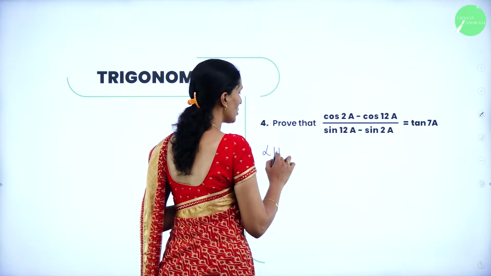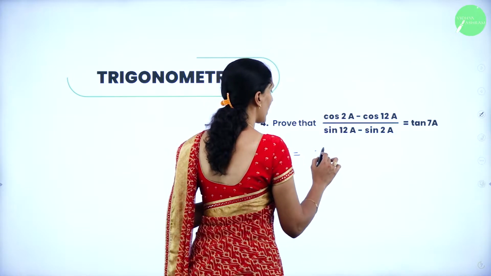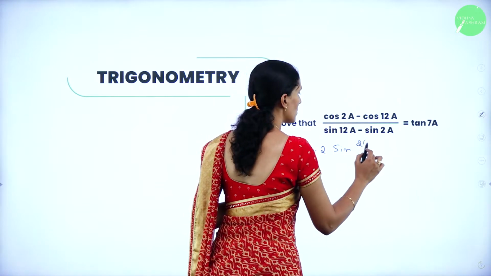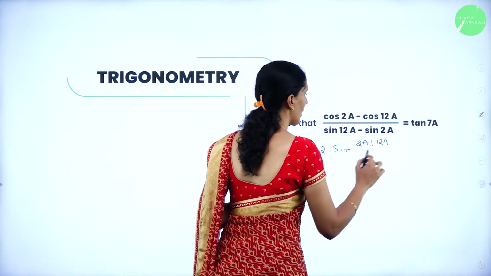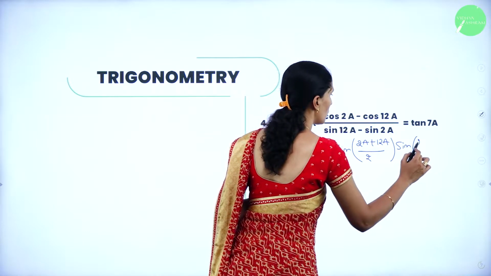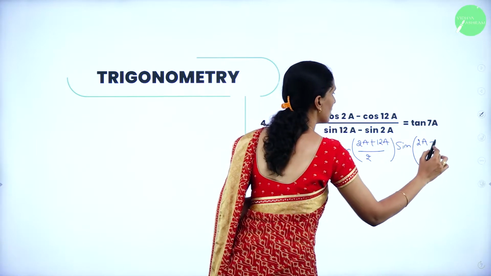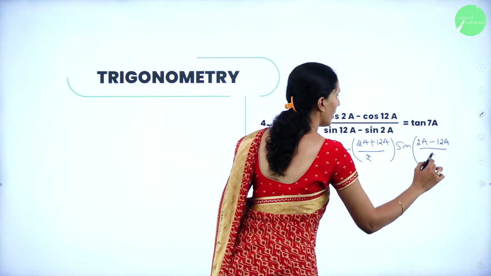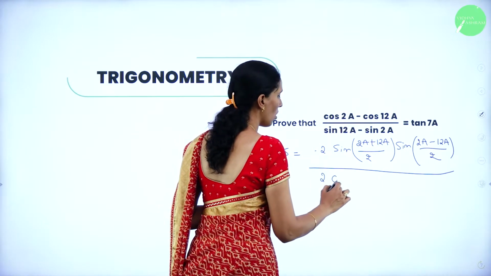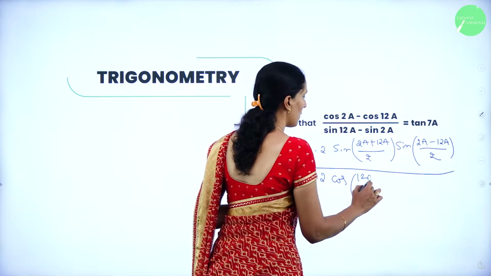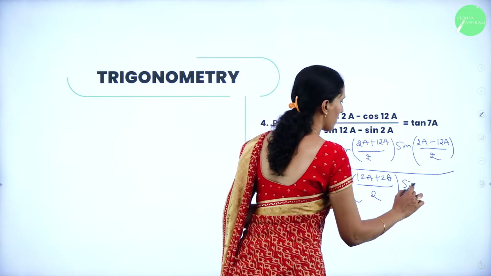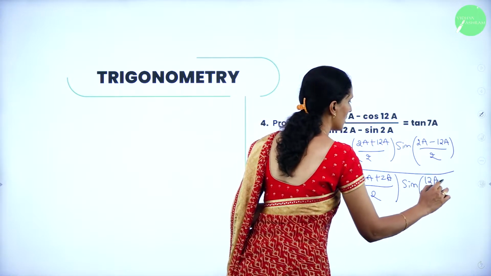So here LHS can be converted into minus 2 sin c plus d by 2, that is 2a plus 12a divided by 2, and sin c minus d by 2, that is 2a minus 12a divided by 2, whole divided by denominator is 2 cos 12a plus 2a by 2 and sin 12a minus 2a by 2.